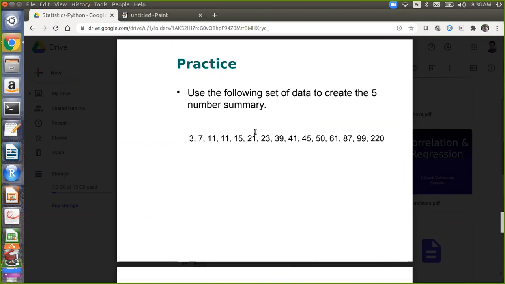And what you do, you click a picture on your mobile and share it on WhatsApp. I will tell you what you have done wrong while creating that box plot.